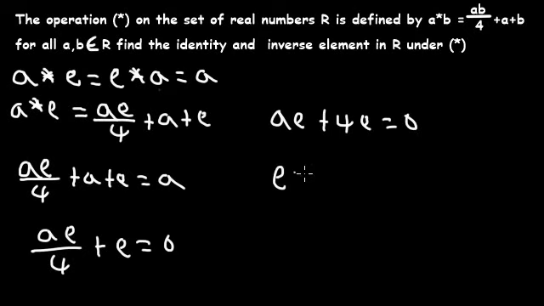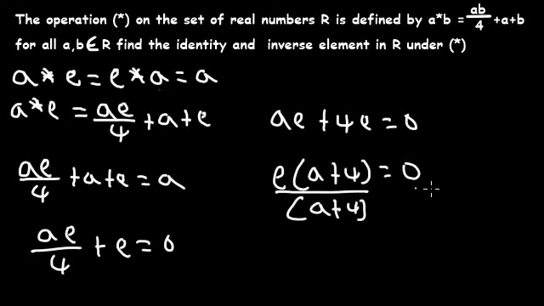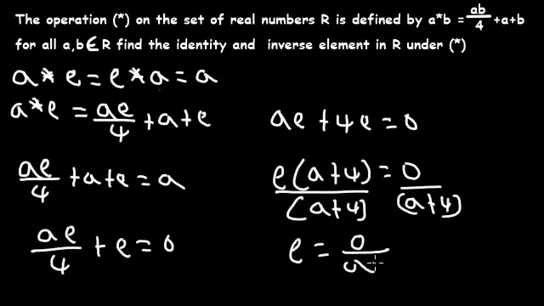Factoring out e, we have e(a + 4) = 0. Dividing all through by a + 4, we observe that our identity e is simply 0/(a + 4), which is indeed equal to 0. And that is the identity element.